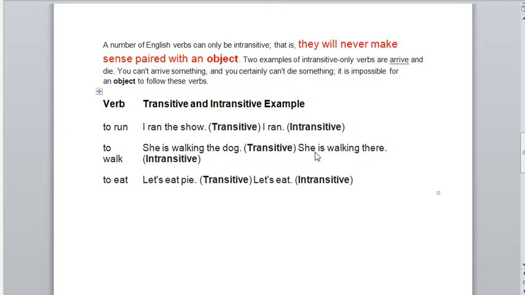Transitive. She is walking there, so she is alone. No, she is not transferring anything to anyone. To eat. Let's eat the pie. So eat the pie means eating from me to the pie. Transitive. Let's eat. Intransitive. Right? So here, these are the examples of transitive and intransitive.